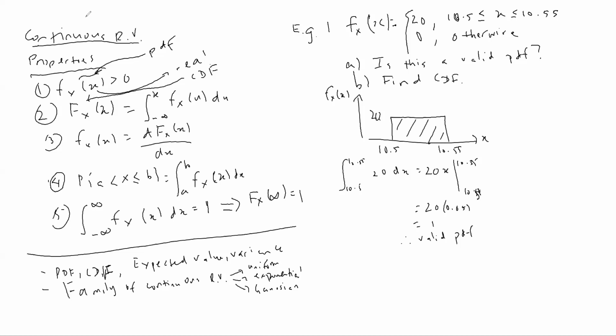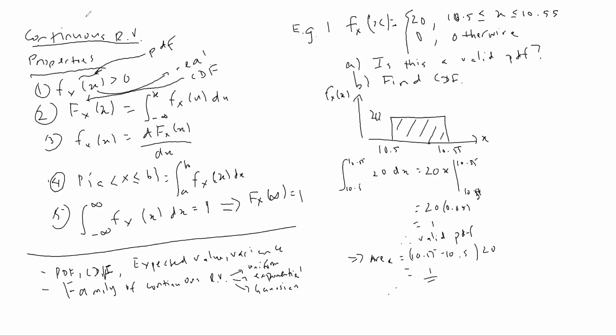So sometimes you don't need to do integration immediately. You can actually calculate the area under the curve. Another way of solving it is that the area is equal to (10.55 minus 10.5) times 20, which is also equal to 1.